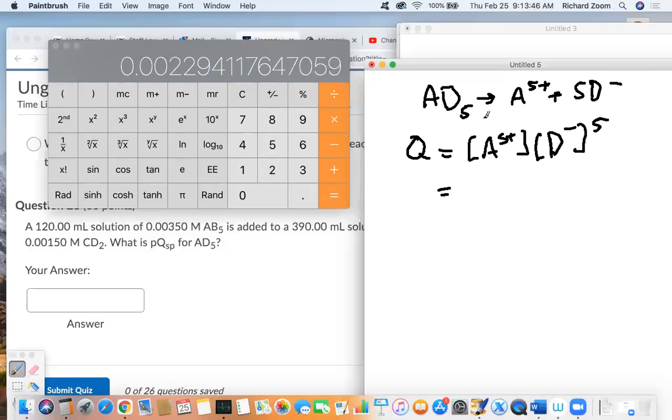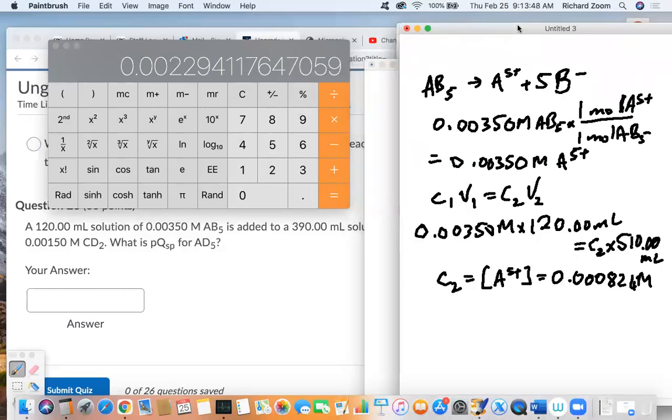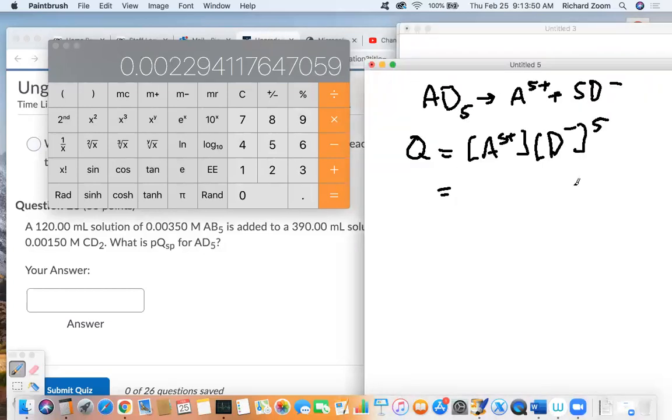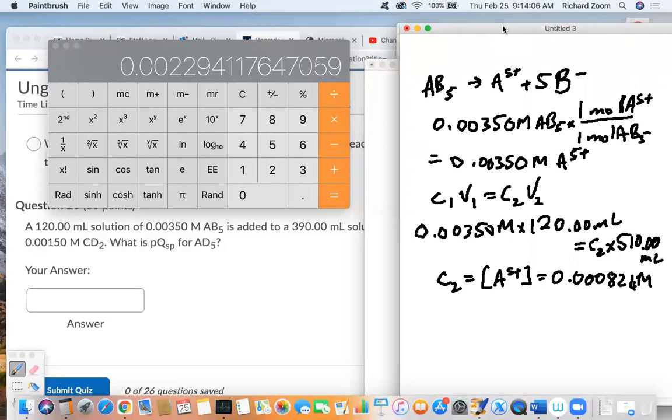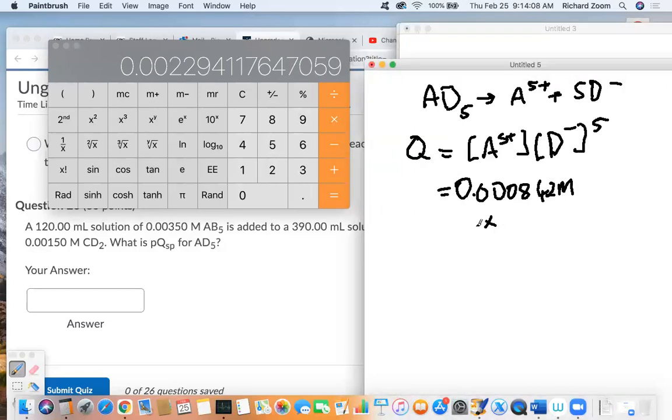Let me look again, is it 0.000? Yeah, 0.000. I think it was 842 molar. Times D minus, make sure it's 842, it's 824, sorry about that.